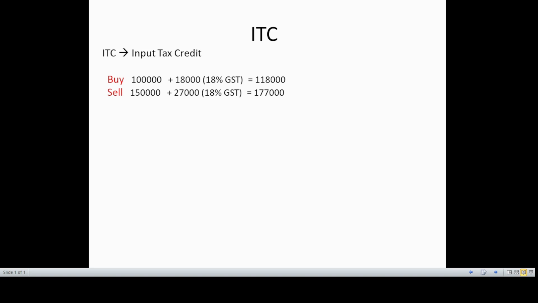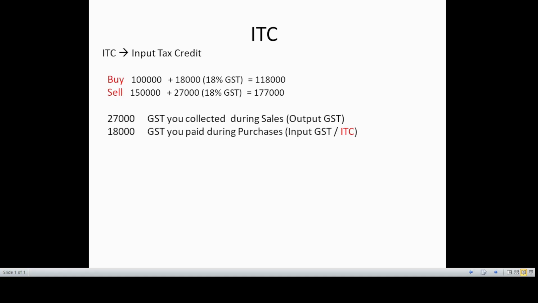The answer is no, because you have collected 27,000 GST during sales and you have paid 18,000 GST while buying the mobile, so you have to deduct this 18,000 from 27,000. So you have to pay only 9,000 to the government.